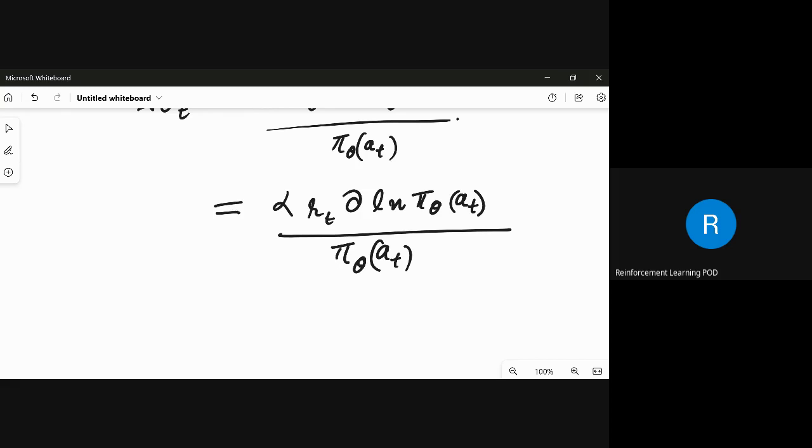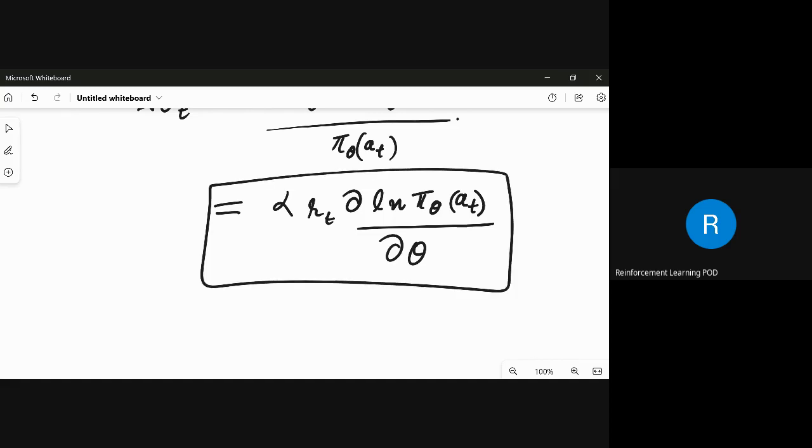There should be, sorry, my bad. This will actually make our lives very easy when it comes to computing the gradient that should be used to update your parameters theta.